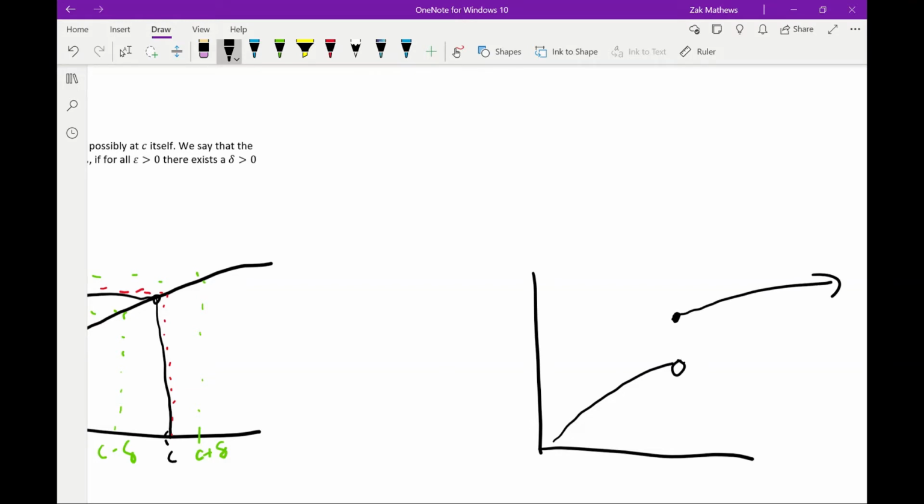So let's claim that at c here, we had the limit value L. It's not true, it's not a limit. And the reason for that is if we were to come from the top side, can I find some epsilon amount away?